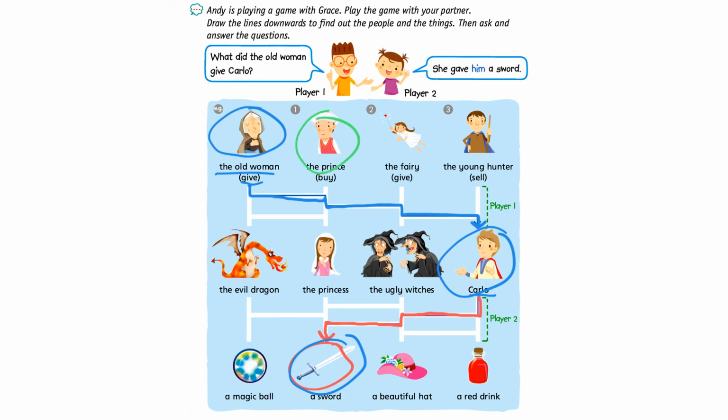The prince buy. What did the prince buy the princess? We go down and follow the horizontal line like this. A beautiful hat. He bought her a beautiful hat.